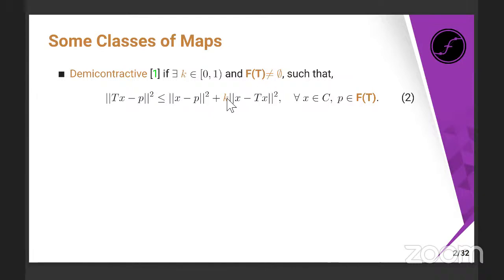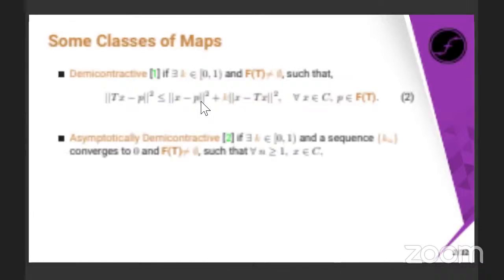If you can recall, there is also the strictly pseudo-contractive mapping. Every strictly pseudo-contractive mapping with a non-empty set of fixed points is also part of this nonlinear operator theory. And this is not the most general classification of nonlinear mappings. We actually have many classifications more general than this one.